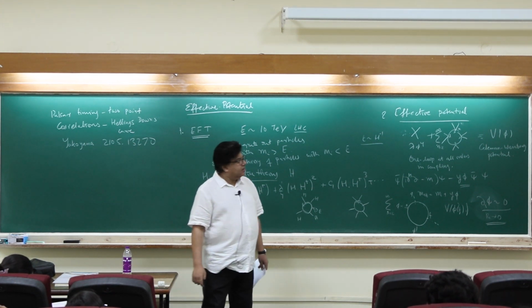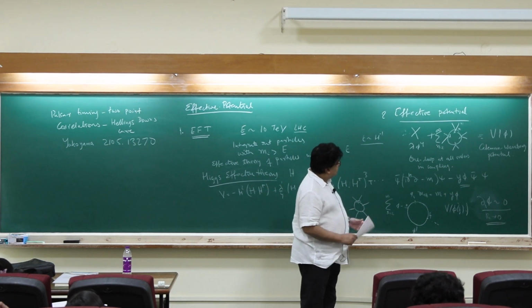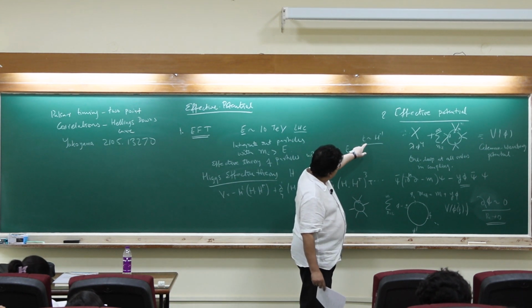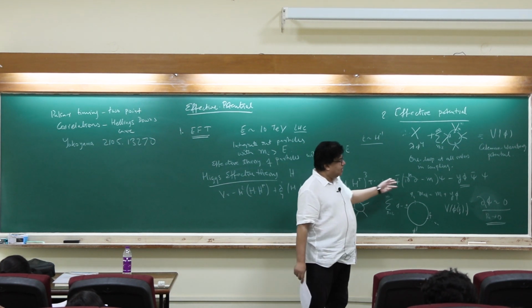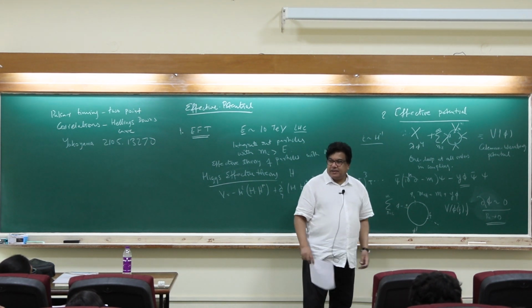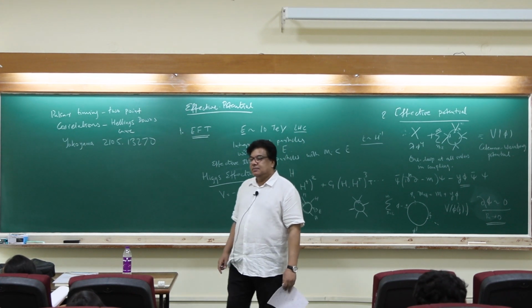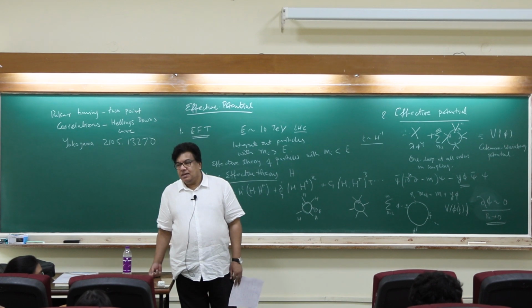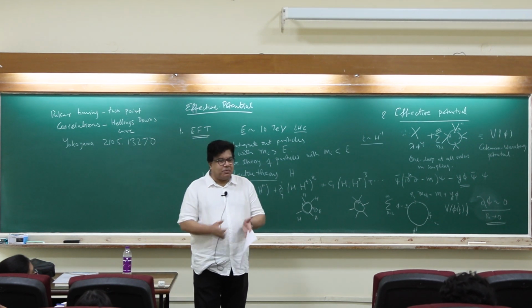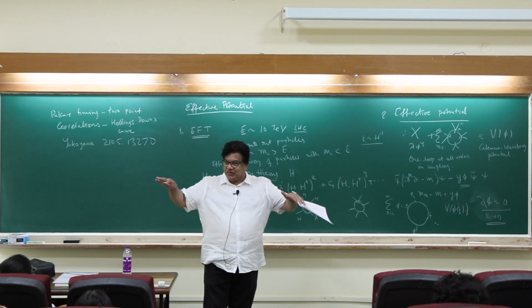Okay. But that energy, or the eigenvalue of this d_t, is still very small compared to any of the masses. No. So you are talking about a propagating field. I am talking about a homogeneous field.